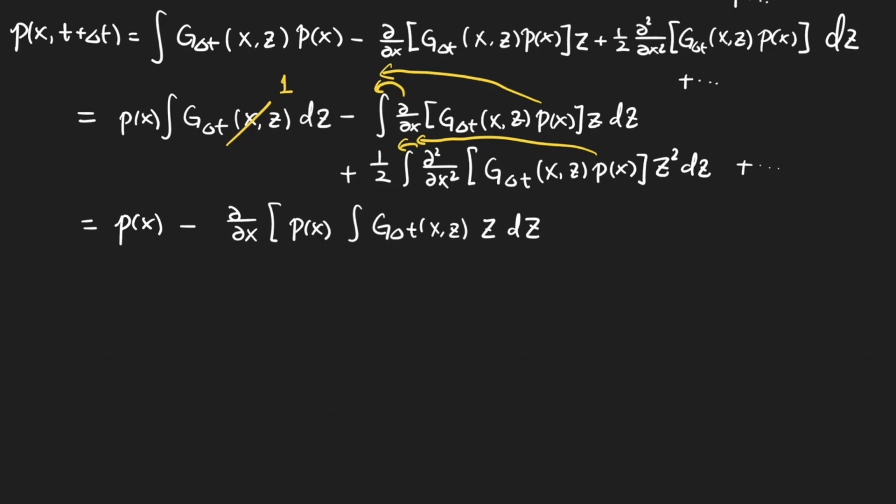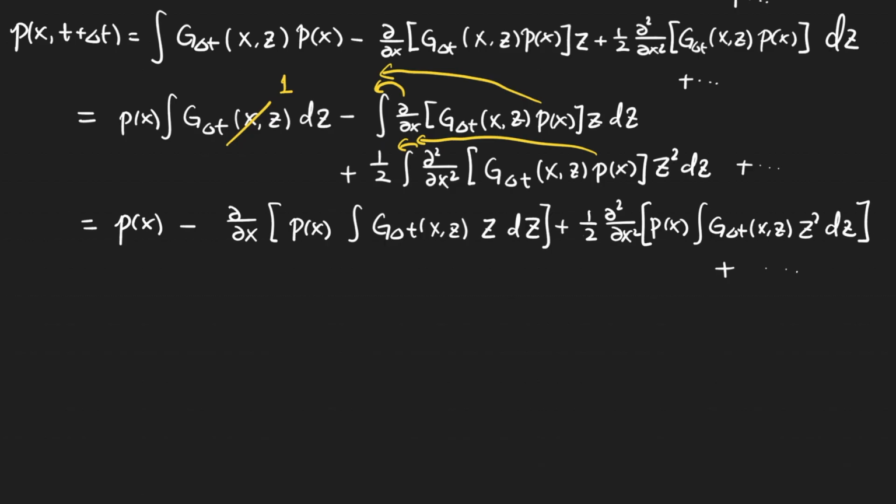We only keep the term related to z inside the integral, and then we'll move the derivative operators out, and then we'll have the product between p of x times the integral, plus the higher order terms.